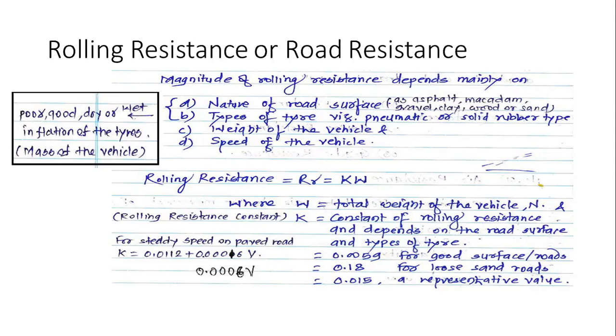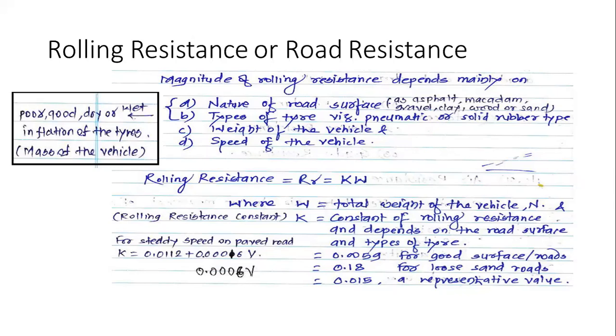So the magnitude of rolling resistance depends mainly on which type of road surface, whether it is poor, whether it is good, whether the road is dry, or sometimes it also depends upon the inflation of the tires. So whatever air pressure, whether it is actually inflated with the required pressure or somewhat less, and majorly it depends upon the mass of the vehicle.